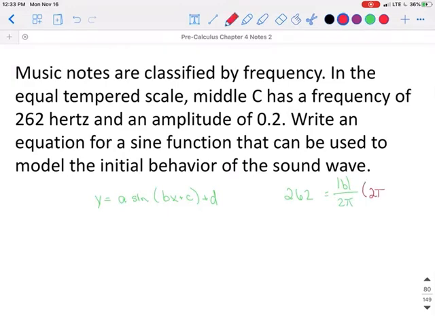To get the b value by itself, we can multiply both sides by 2 pi, and it will get us that b is either plus or minus 524 pi. Now for the purpose of this equation, let's let it be the positive. They tell us that the amplitude, or the a value, is 0.2. So our equation can be 0.2 sine of 524 pi x.